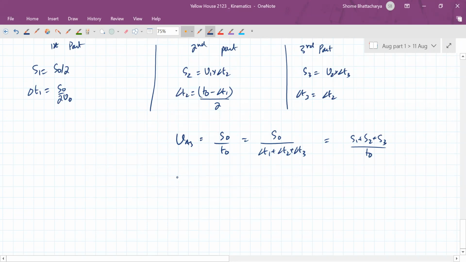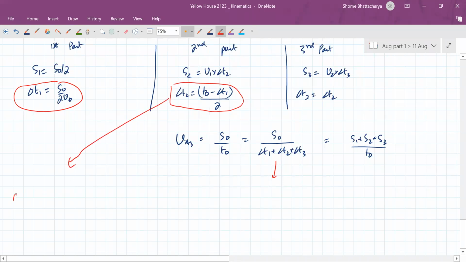This is what we have to understand. So if we go with this method, we have delta T1 in terms of S naught already. Now we have to calculate this delta T2 in terms of this. So this delta T2 equal to delta T3 is total time minus S naught by 2 V naught, half of this.